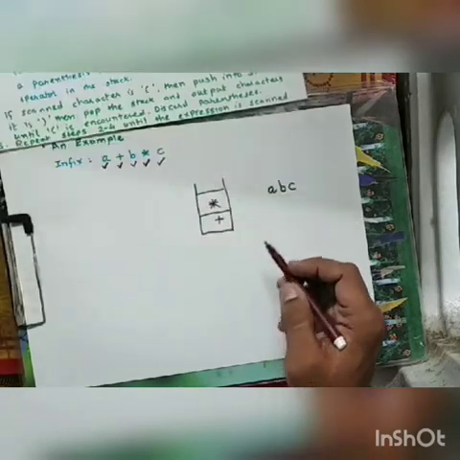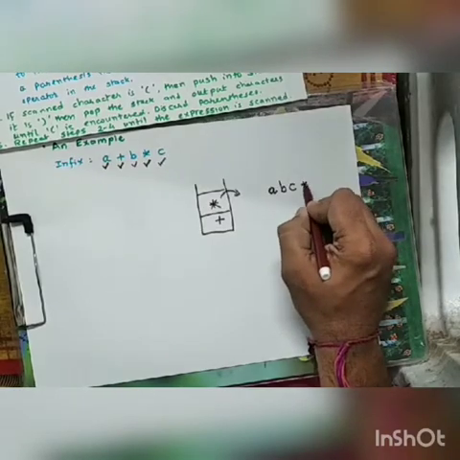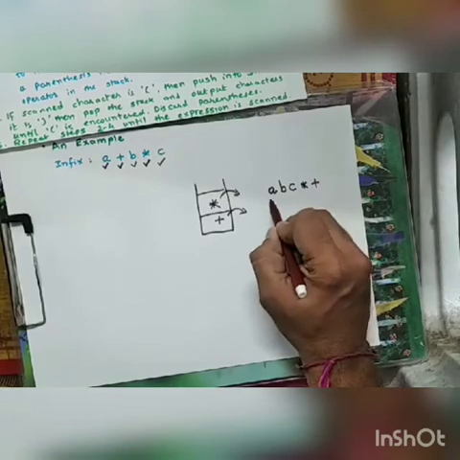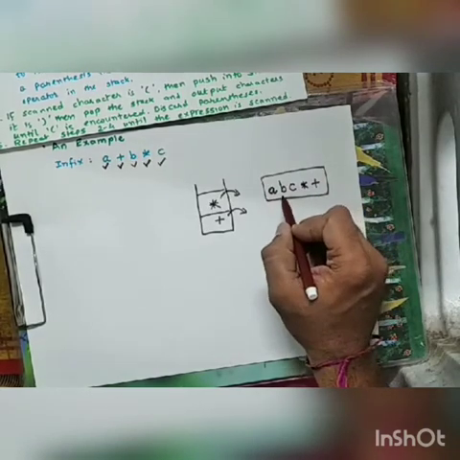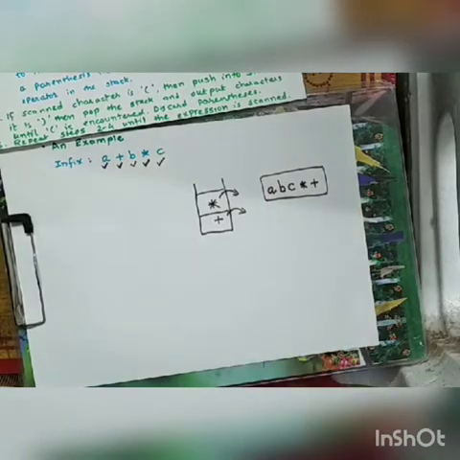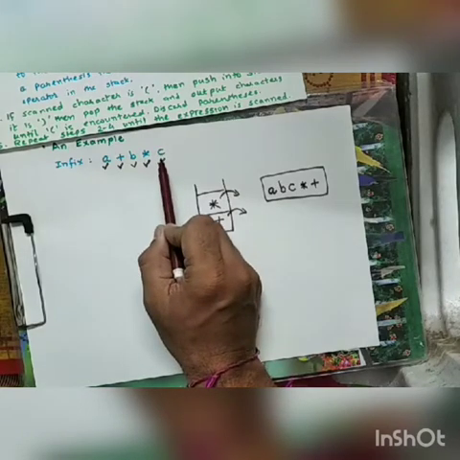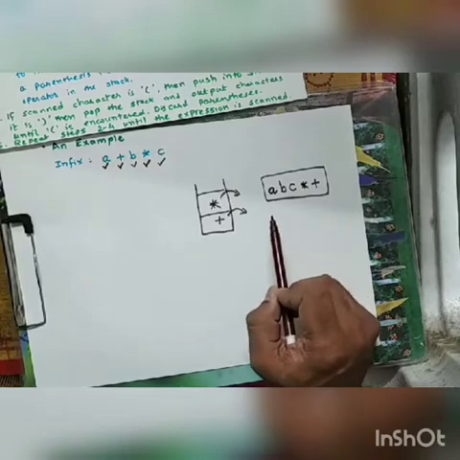If I remove star, and then remove plus, this will be my final expression equivalent to the original infix expression. My original expression was a plus b star c, and its converted postfix expression is a b c star plus.